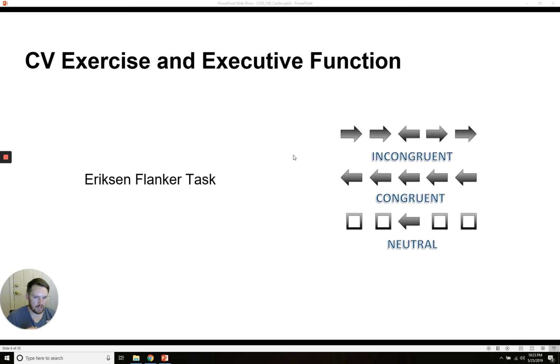So if we're only looking at the middle one, we see that it's pointed left on the top image. It's incongruent because the other arrows have been given to point the opposite direction. For the congruent, they're meant to line up. With the neutral, it's not supposed to have any effect. So this is an Eriksen flanker task, and we can test things like reaction times to properly identify the stimuli.